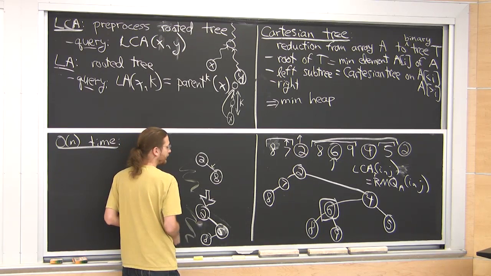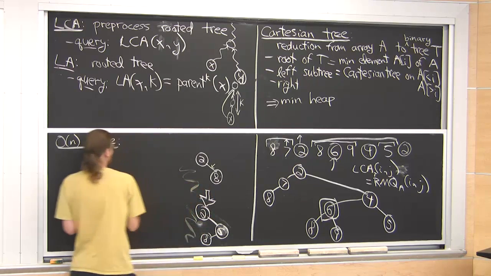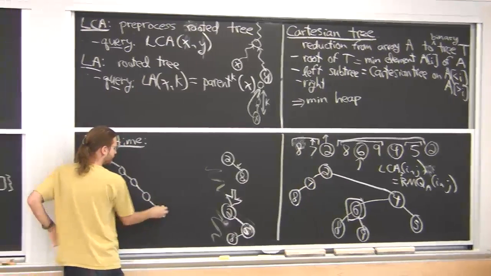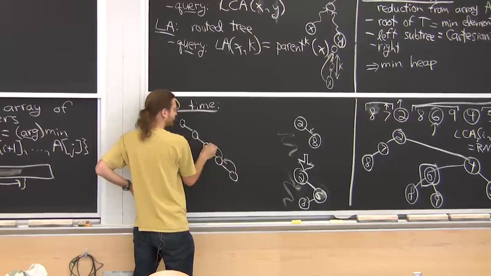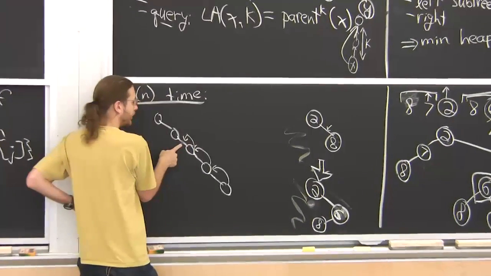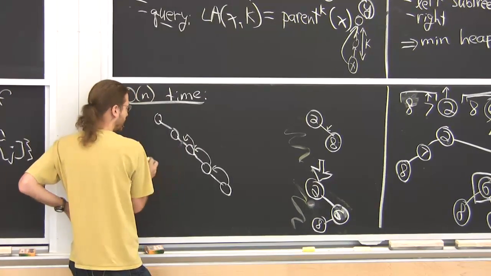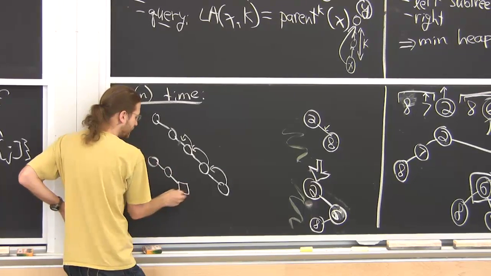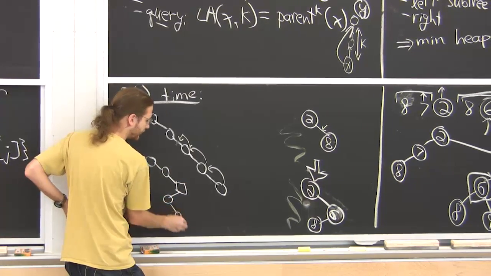Okay, so how long did it take me to do that? In general, I have a right spine of the tree, which are all right edges. And I might have to walk up several steps before I discover, whoops, this is where the next item belongs. And then I convert it into this new entry, which has a left child, which is that stuff.